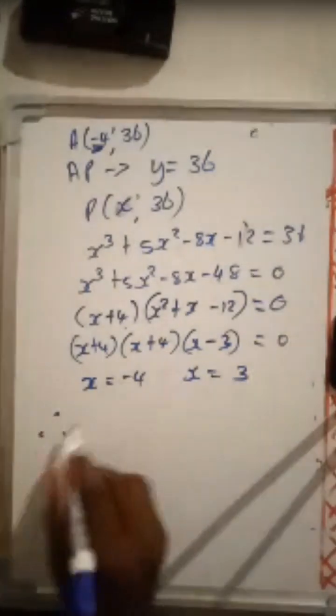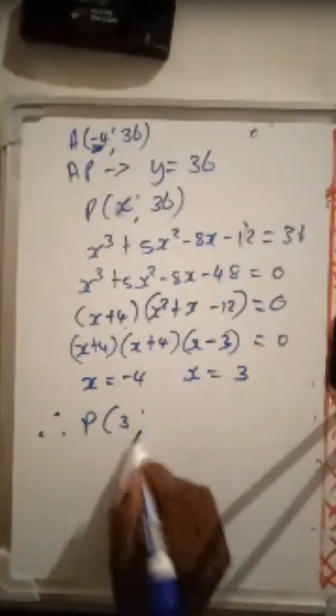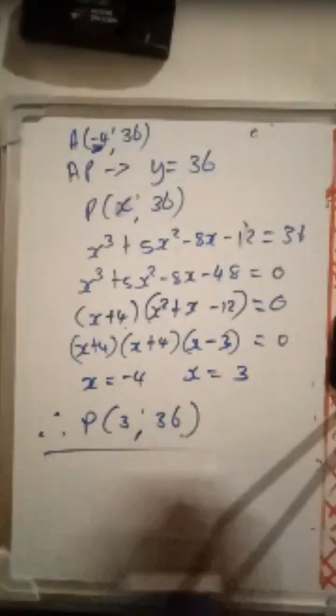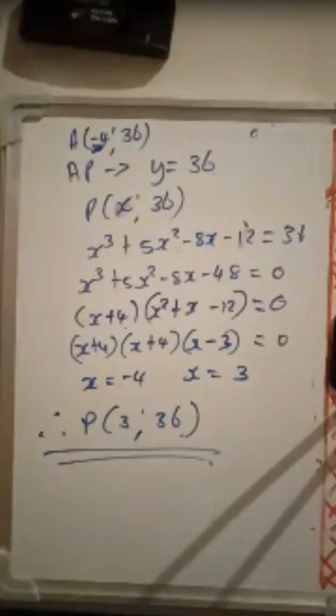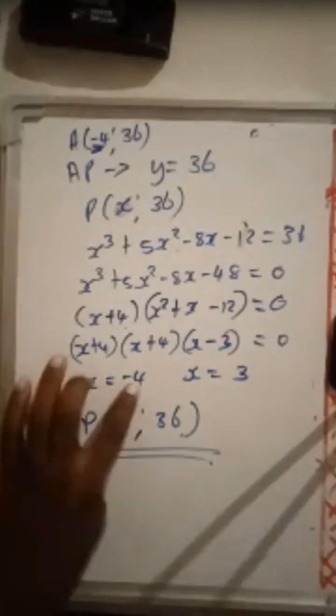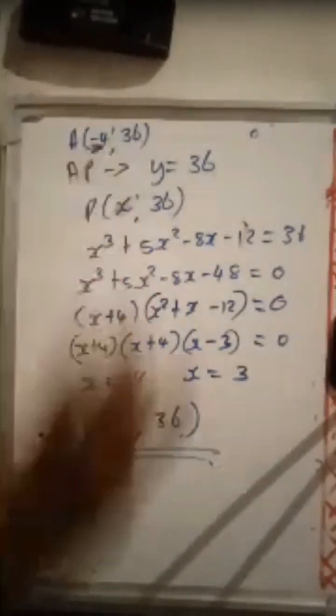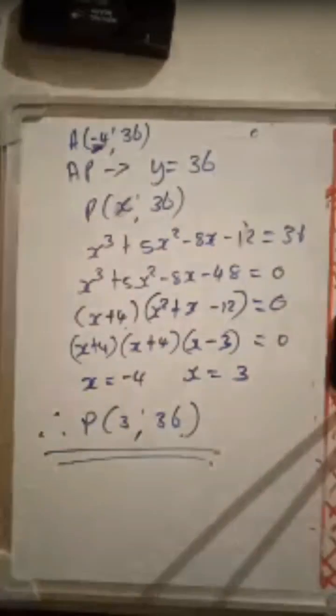So therefore P has coordinates 3, 36, like that. So this one we can see is for A, and for P it is that one. Okay, so that is how we get the coordinates of P, by equating this to 36.